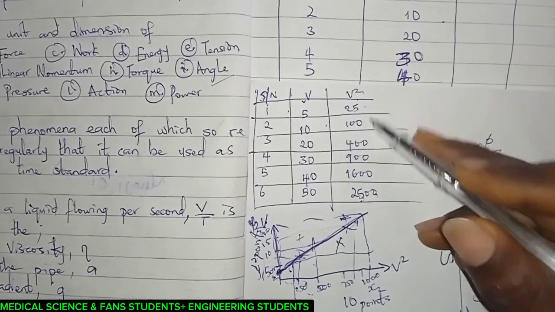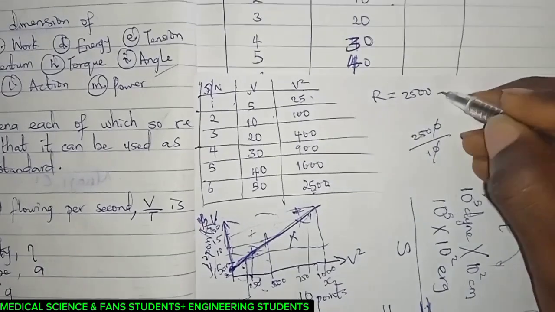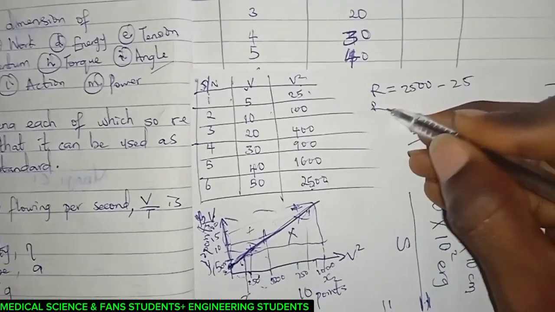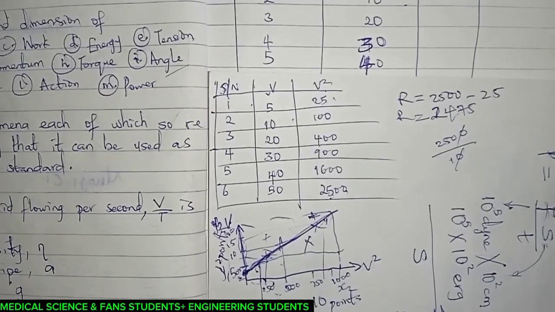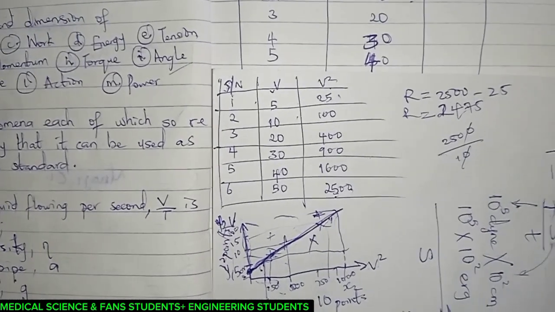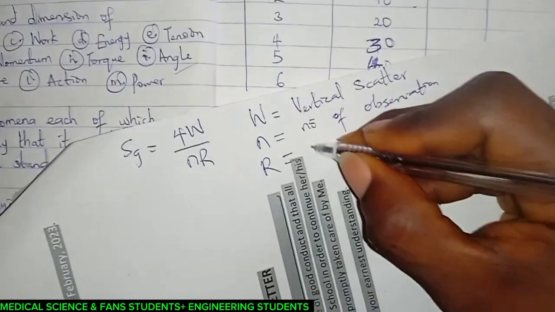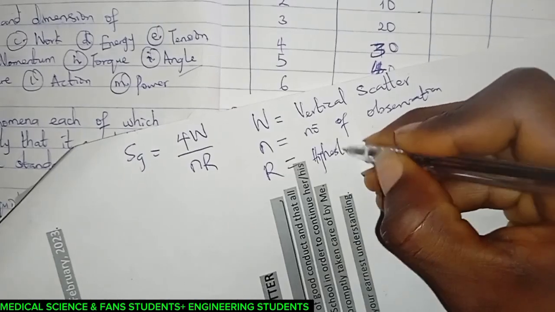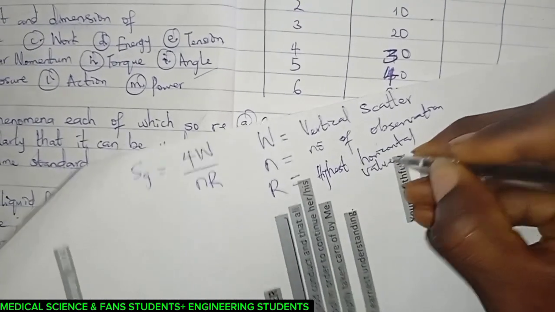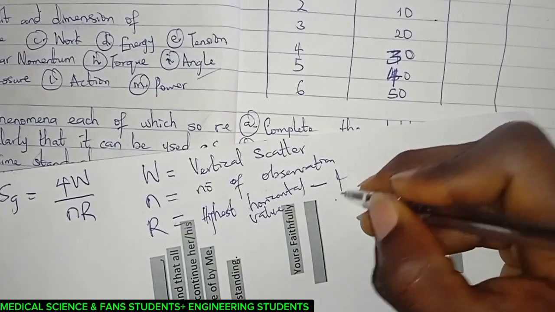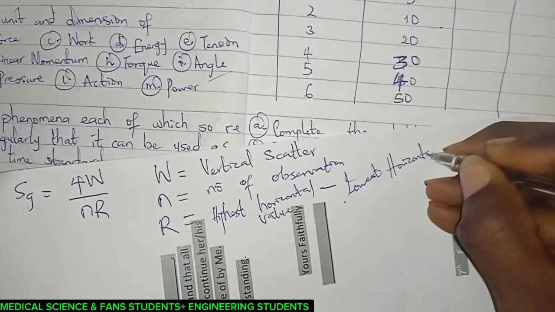So R will simply be the highest value minus the lowest value, and that should give me 2475. Should be? Yes. So that is my range, my R in this case. So you need to know that R is the highest horizontal value minus the lowest horizontal value.